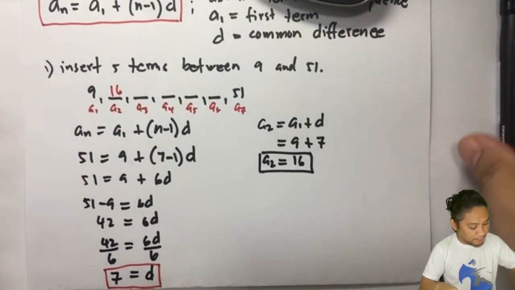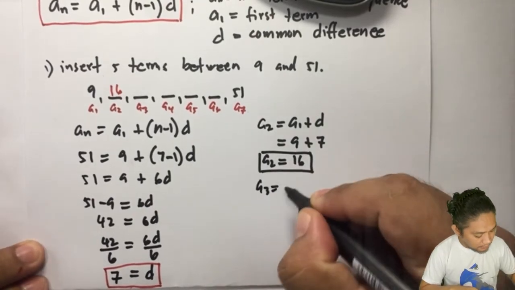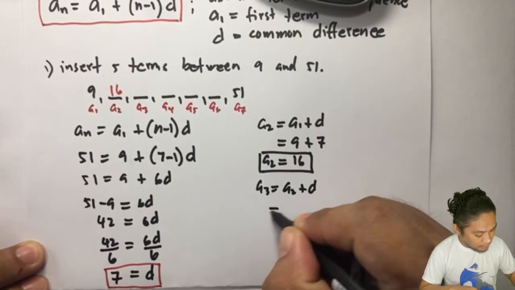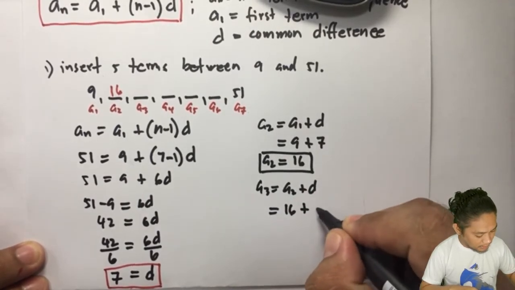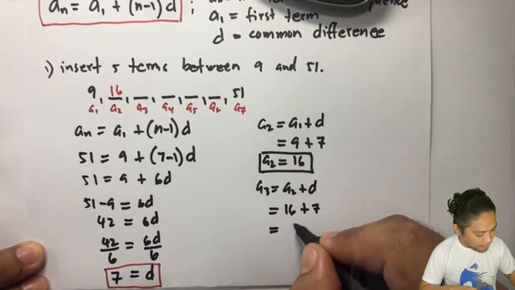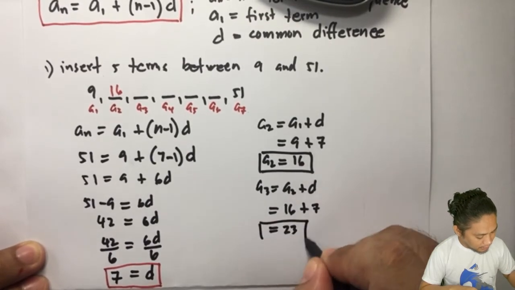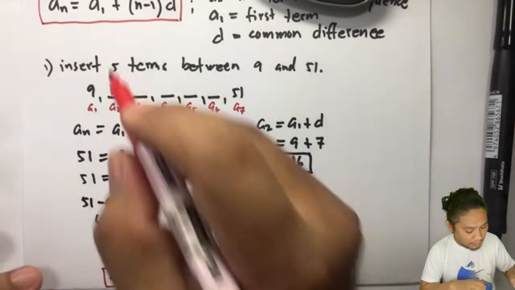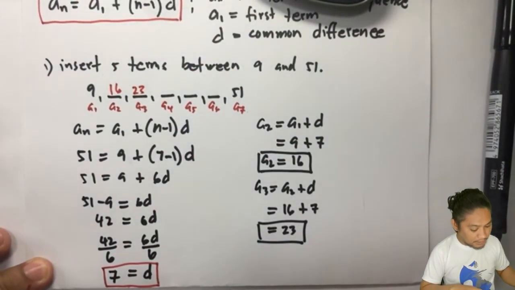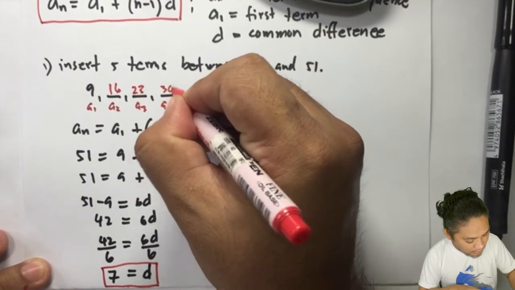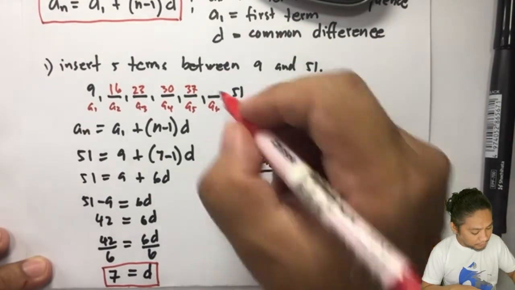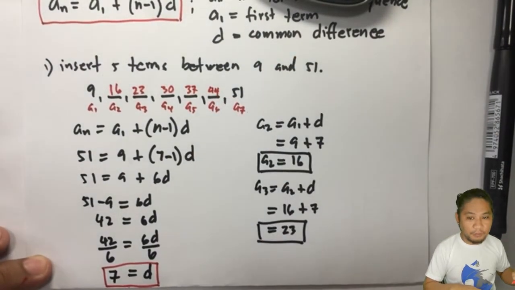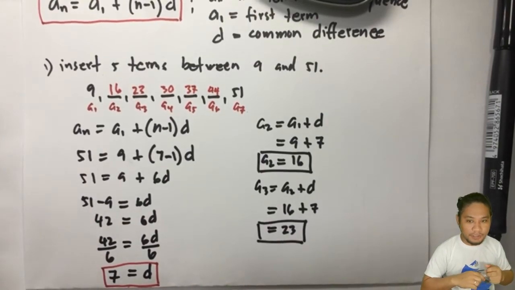Doing the same process, a sub 3 is a sub 2 plus d, 16 plus 7, which is 23. Then 23 plus 7 is 30, then 37, then 44, and 44 plus 7 is equal to 51. So our answer is correct.